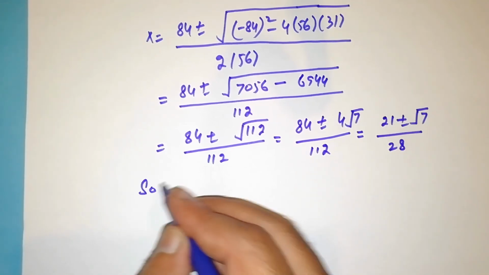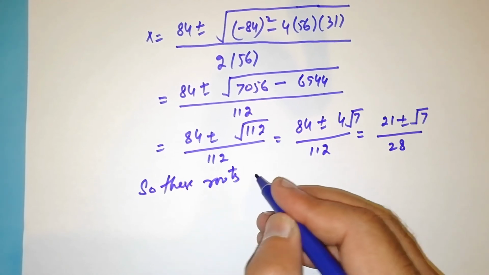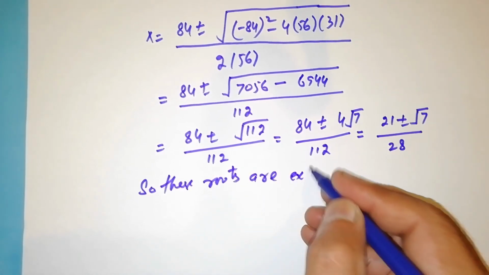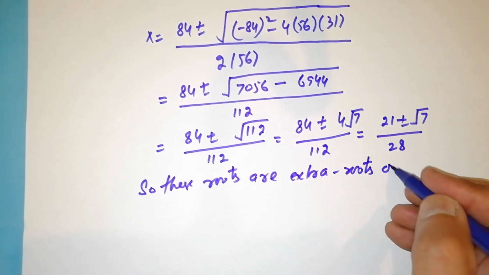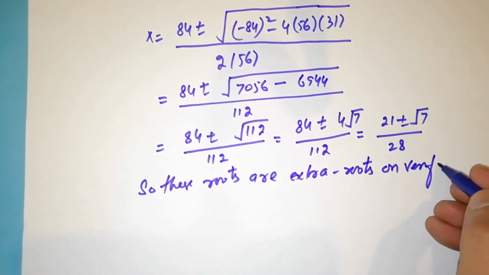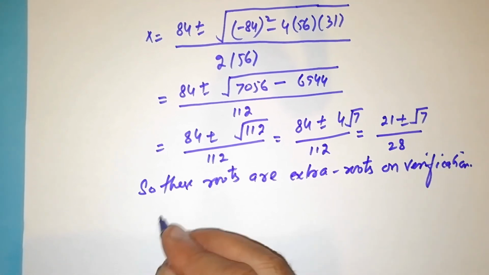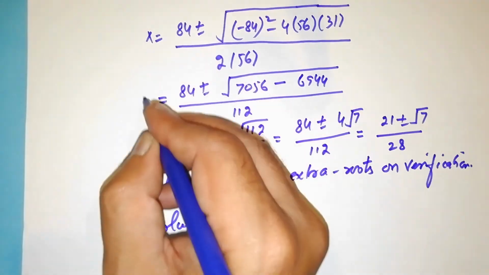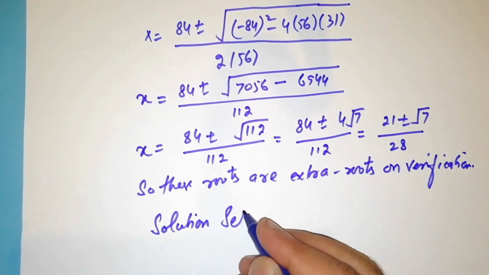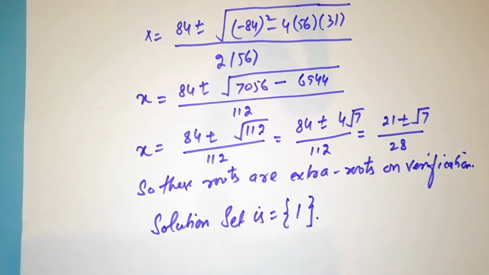So these roots are extra roots. On verification, therefore solution set, here also write x. So solution set is only one root because these two are extra roots.